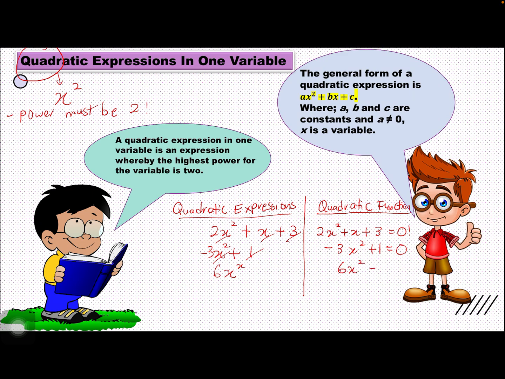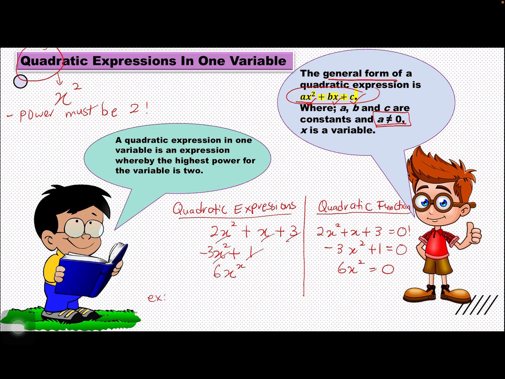Okay, so the general form of a quadratic expression is this one. When the question asks about the quadratic expression in general form, you must have x squared, you must have x, and you must have a constant. So a cannot be 0. Why can a not be 0? I give you an example.